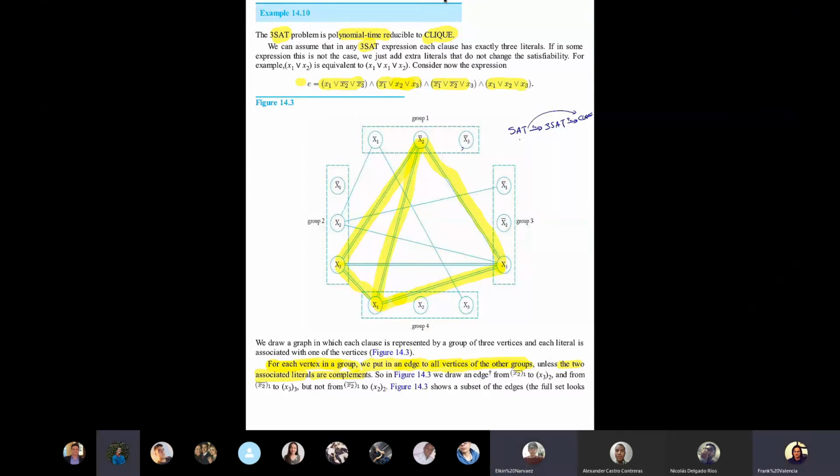Maybe. No, I think you're confusing it with Hamiltonian paths. Un clique es un subgrafo del grafo tal que es completo. Exactly. And of size k, in this case size 4.